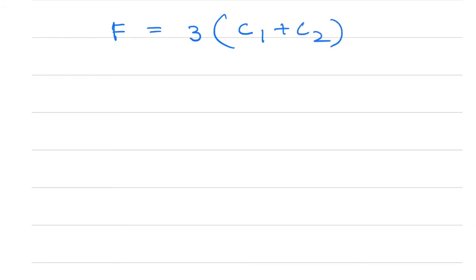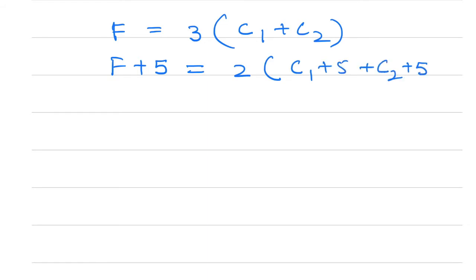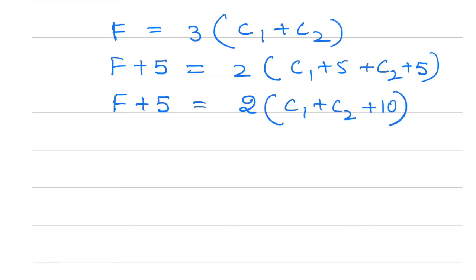After 5 years, so father will grow by 5 years and his age will be 2 times the sum of their ages. 2 times the age after 5 years. Both children will also grow 5 years. So C1 plus 5 and child 2 plus 5. Father after 5 years will be 2 times C1 plus C2 plus 10 years. So this is the information we are given.